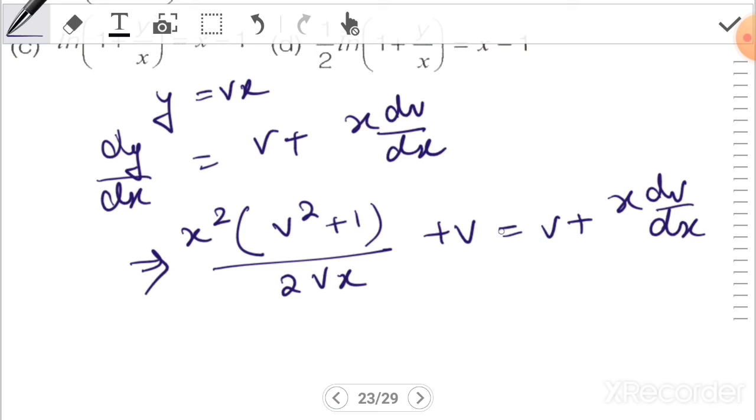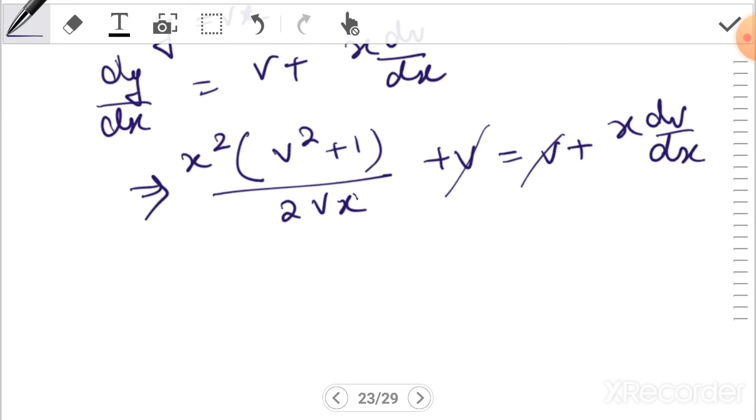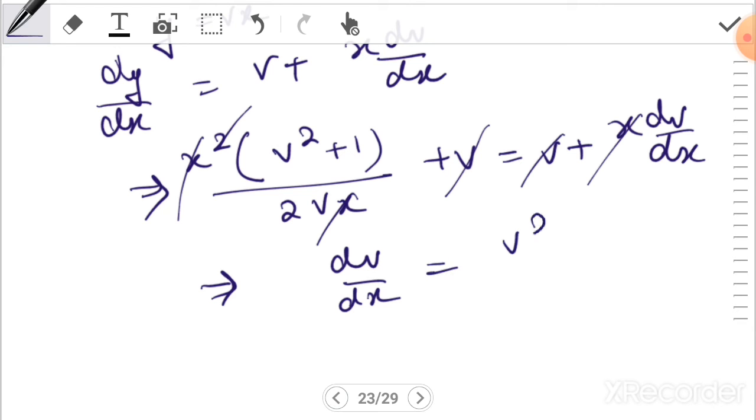So plus v minus v gets cancelled. So this x gets cancelled and this x gets cancelled again. So we have dv by dx as (v square plus 1) by 2v.